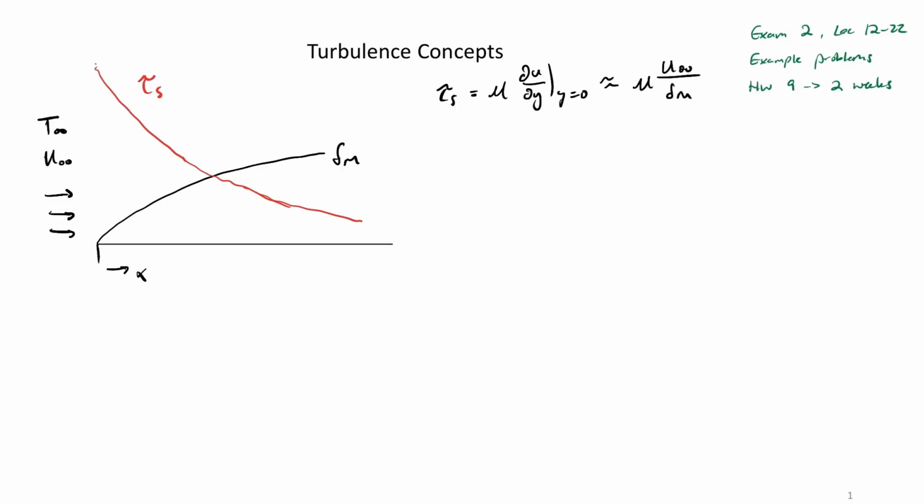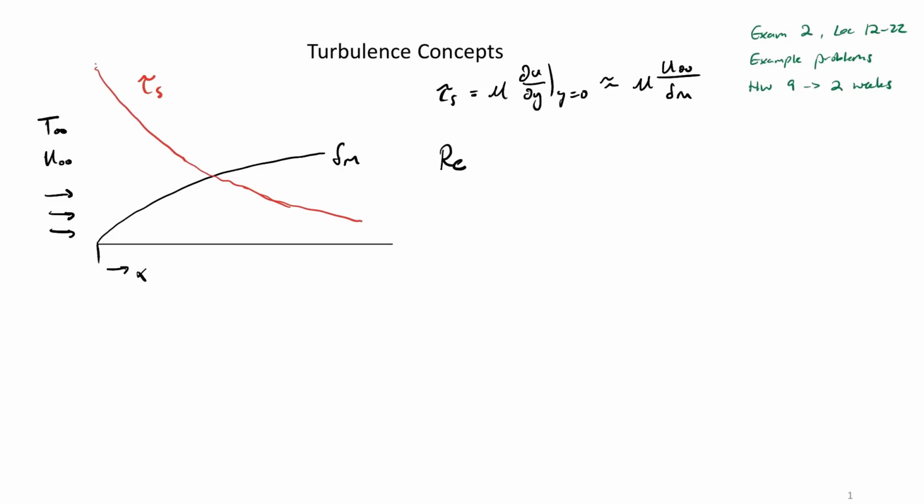Delta M. So that's our approximate model of shear stress. Now you can see that as you continue to increase the X position, your delta M continues to grow, and your shear stress is going to go down.